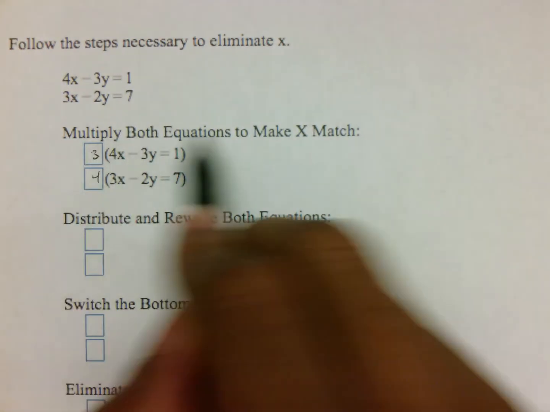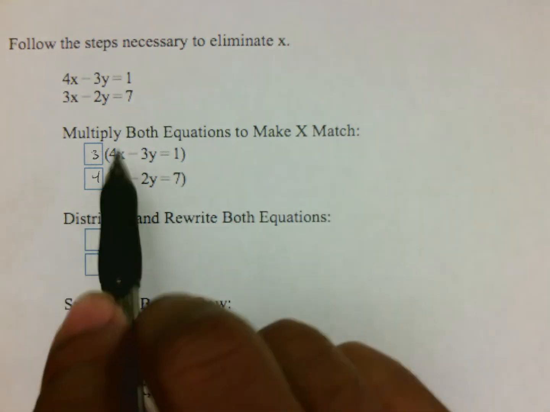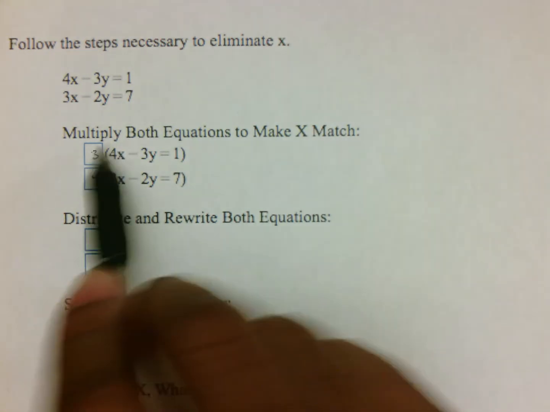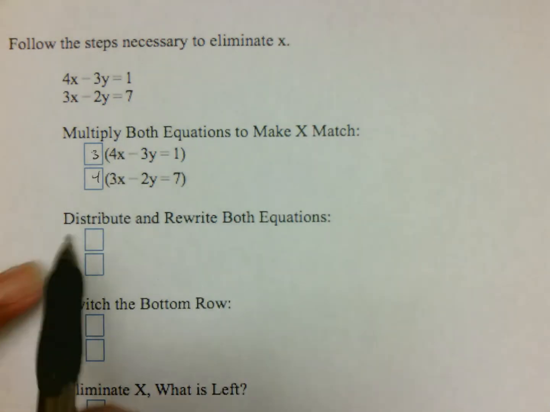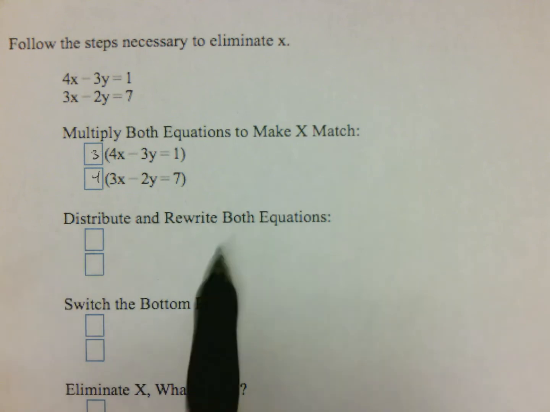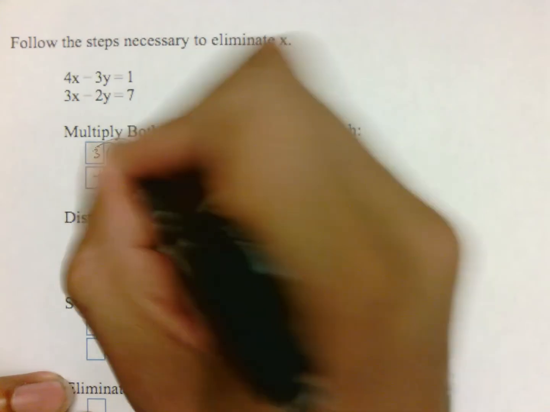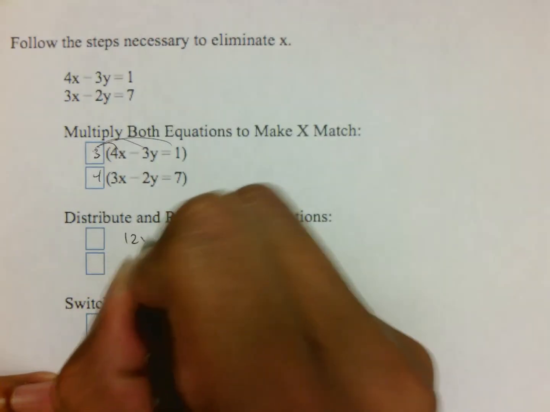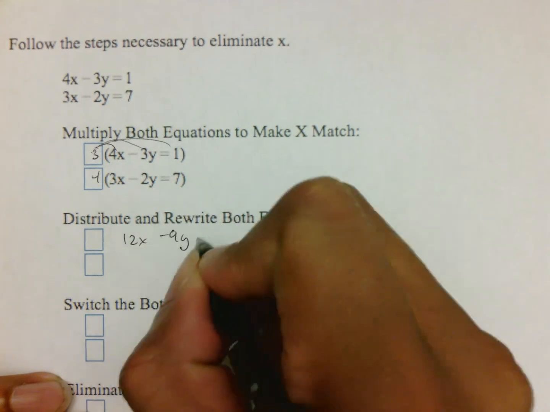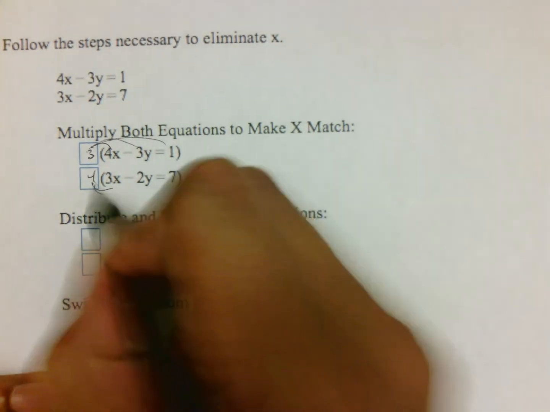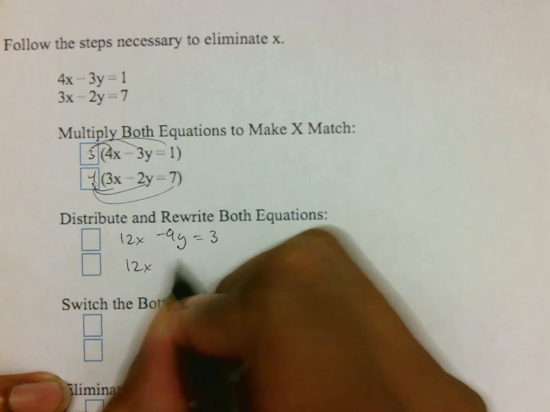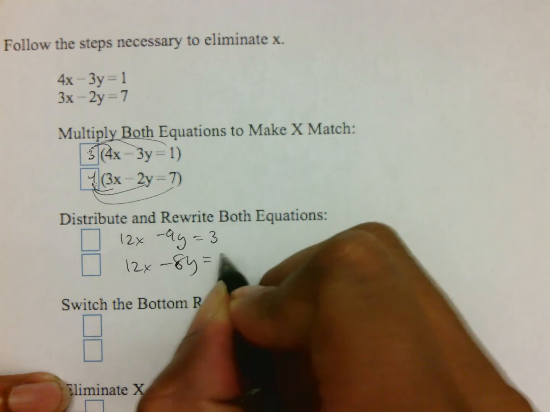As it says, multiply both equations to make x's match. So this is where you bring up your 3, bring down your 4. This next step says distribute and rewrite both equations. So this is where you multiply and end up with 12x minus 9y equals 3. This is where you multiply to get 12x minus 8y equals 28.